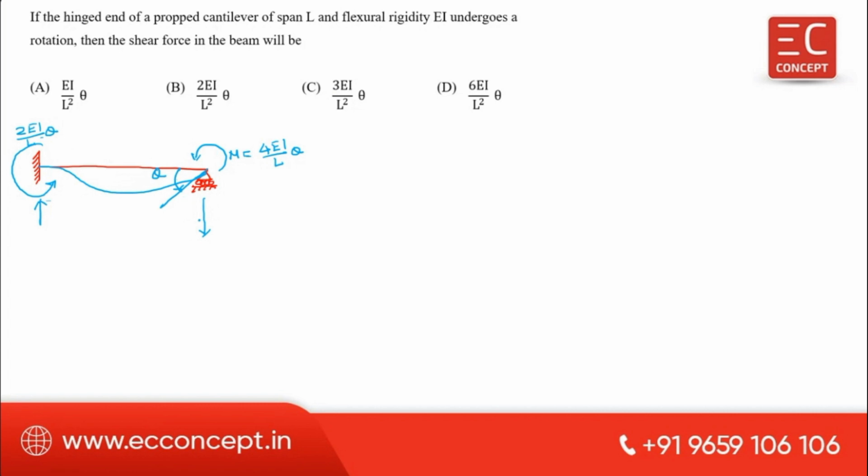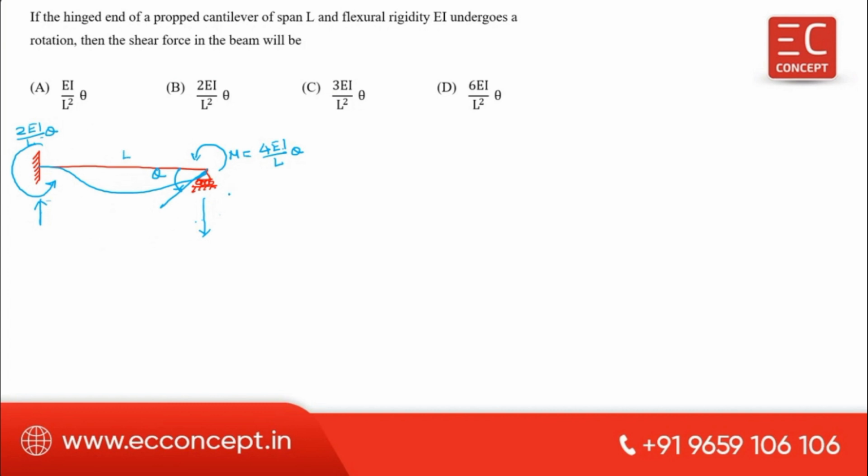To counteract this anti-clockwise, this reaction shall be developed something like that. If you put support reactions like that, then these two will produce a clockwise couple, right? So that's why I put this direction. And this value is equal to the summation of these two moments divided by the length of the span.